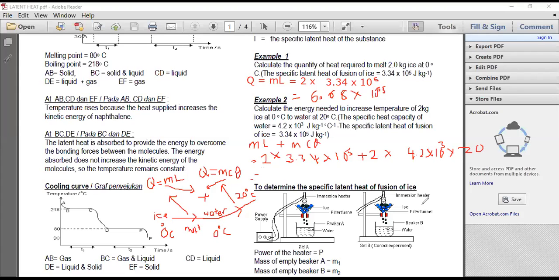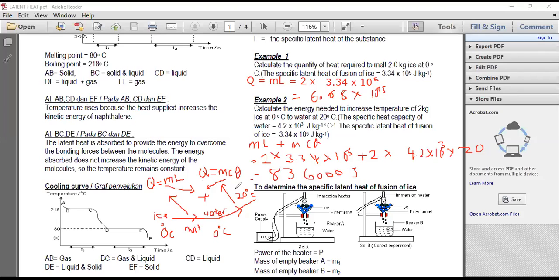You get 836,000 joule. So you have to be careful with this one.